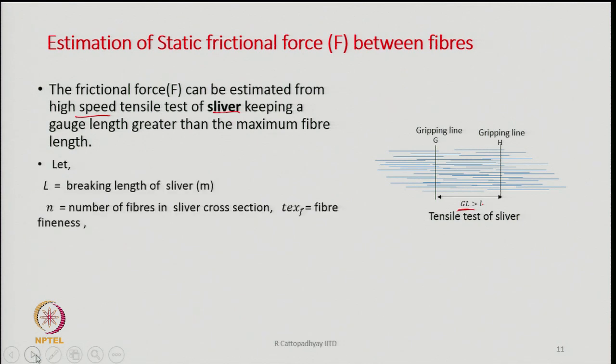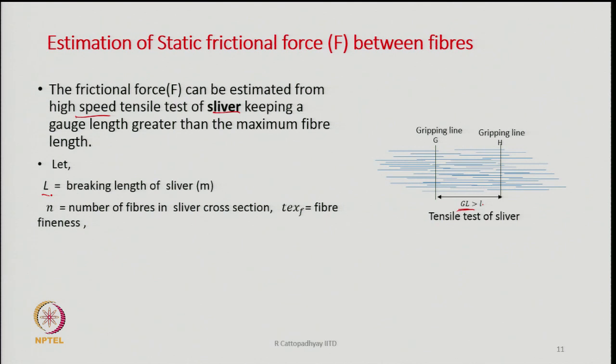Let L be the breaking length of the sliver in meters, that is the length of sliver which will cause the sliver to break if it is hung. At this length the sliver is going to break, that is called the breaking length, and N is the number of fibers in the sliver cross section.